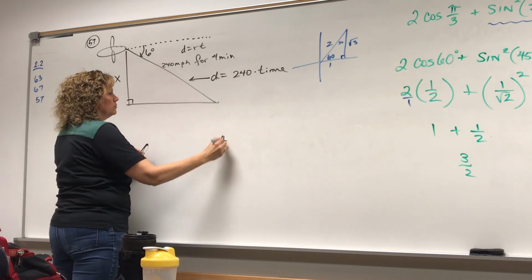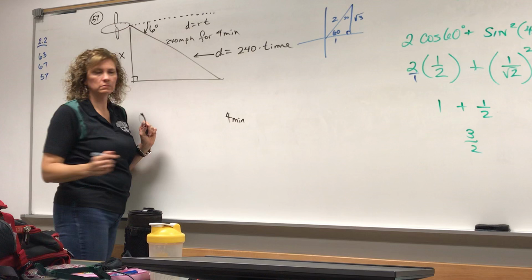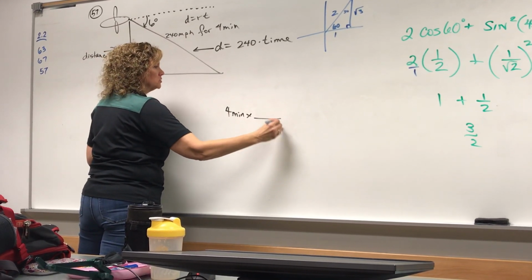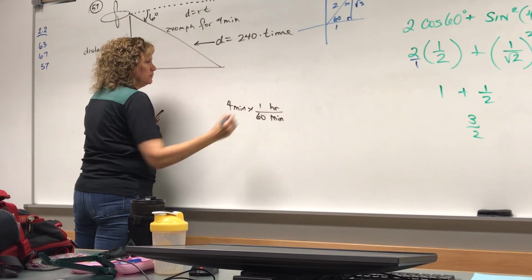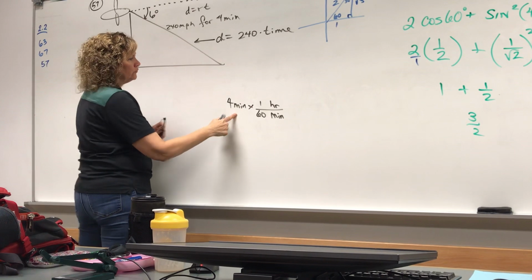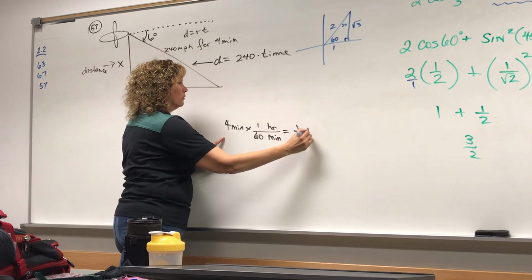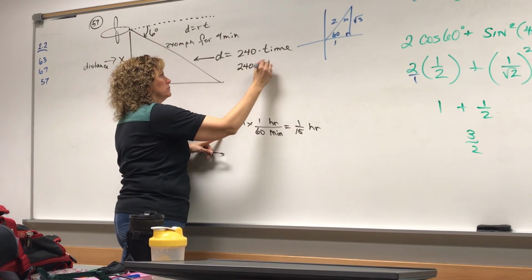How can I convert 4 minutes to hours? Divide by 60 minutes, or you do your unit conversion. So be careful, make sure 60 goes in the right spot. Okay, so 4 goes into 60 actually 15 times, so this is 1/15 of an hour. So we're going to write 240 times 1/15.